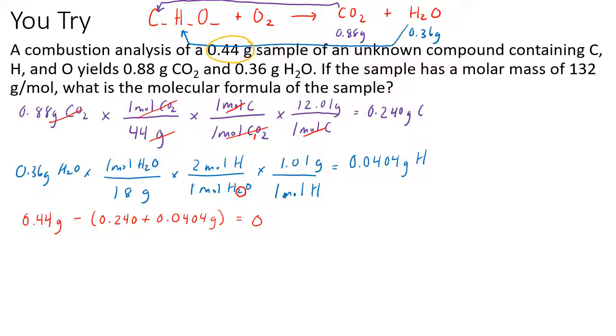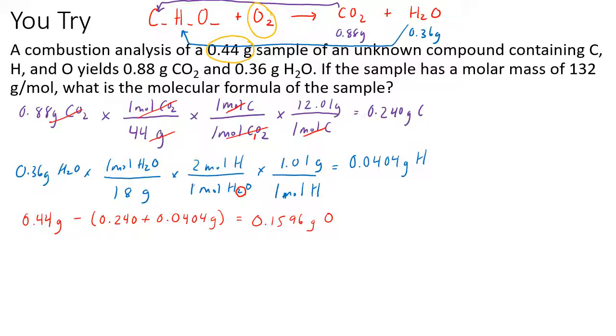So 0.44 minus 0.2804 gives us 0.1596 grams of oxygen. We can't work backwards from the amount of CO2 to oxygen and then the amount of H2O to oxygen because there was additional oxygen introduced when we combusted it.